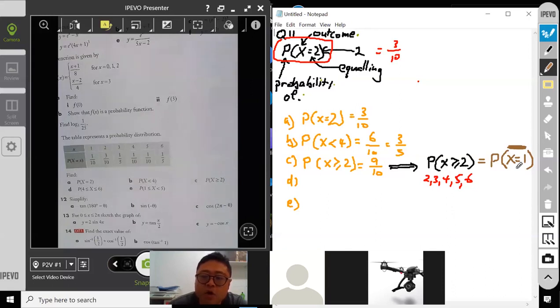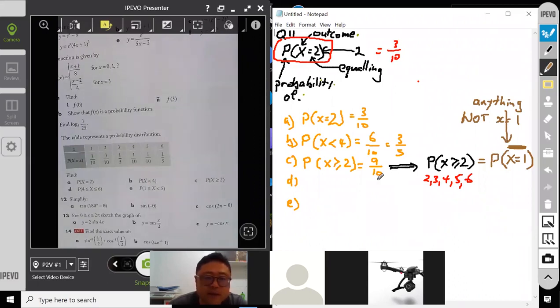It means anything that's not x equals 1. So that and that are the same. Yeah, that makes sense.